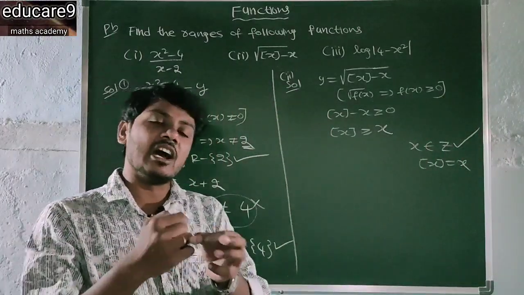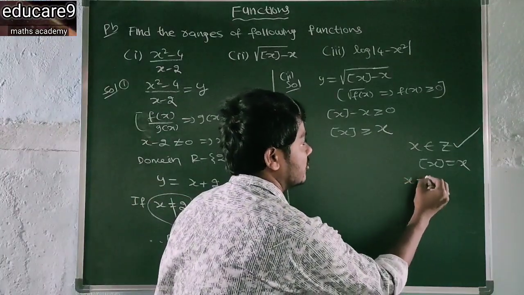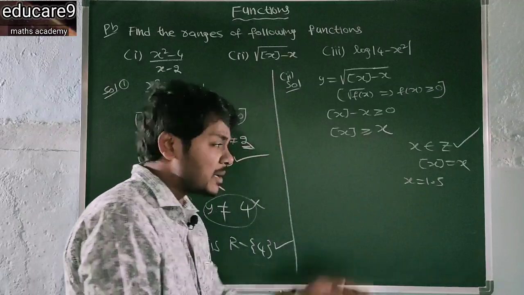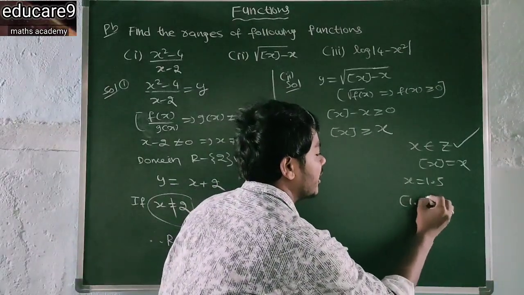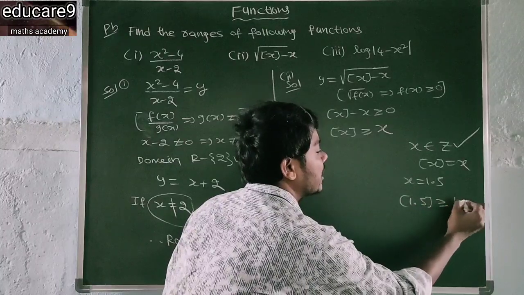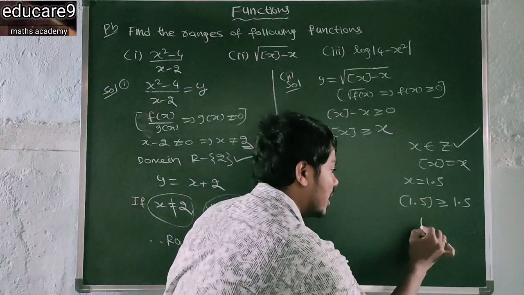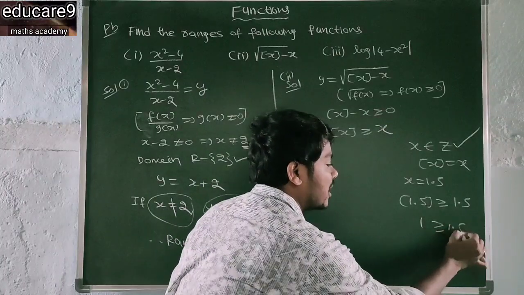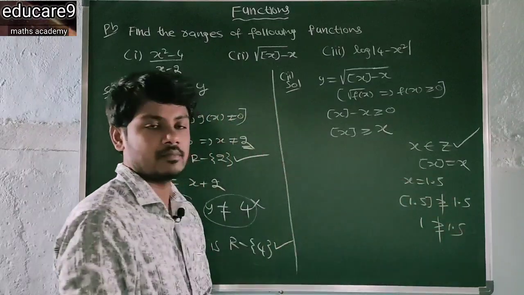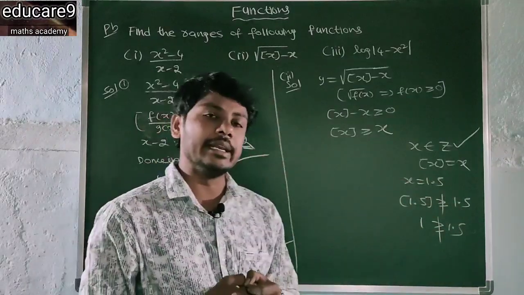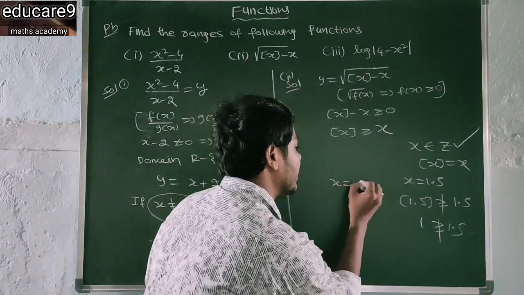But if x is not an integer, for example, x is equal to 1.5. Substitute 1.5 here. Step of 1.5 is greater than or equal to 1.5. What is step of 1.5? 1. It is greater than or equal to 1.5, but this is not possible. For example, take a negative rational number, x is equal to minus 1.5.